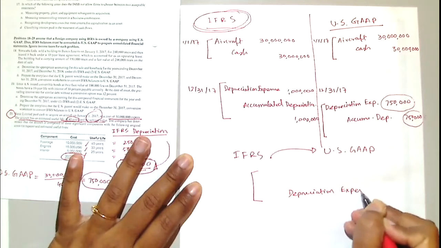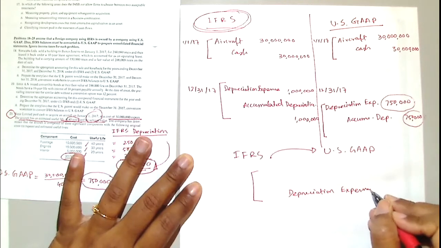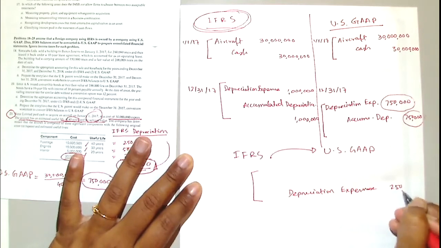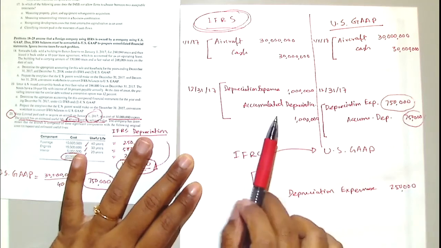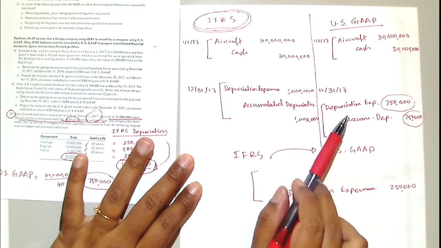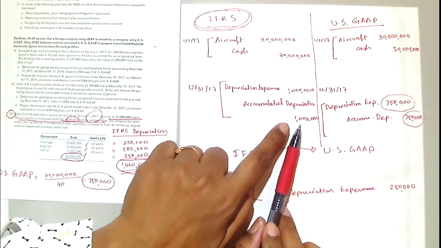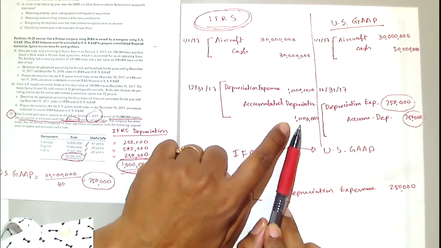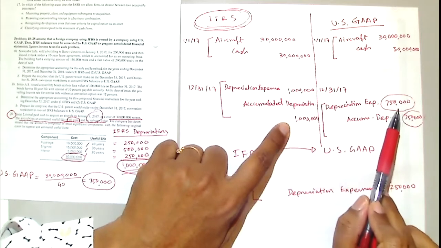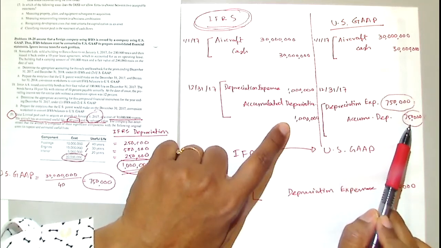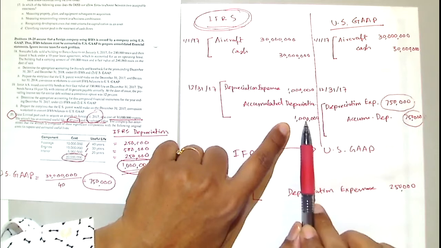It's just the difference, 250,000. And the same thing we're going to do with accumulated depreciation. Under IFRS, it is actually overstated. 1 million is under IFRS, but according to GAAP, our accumulated should be 750. That means we need to reduce it.